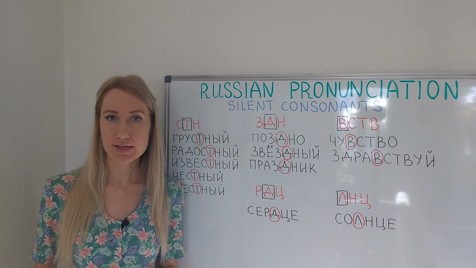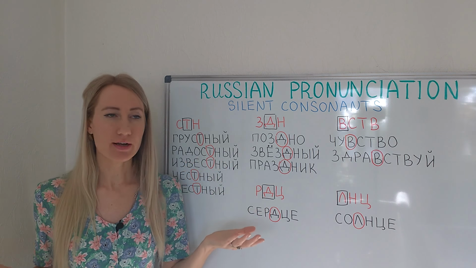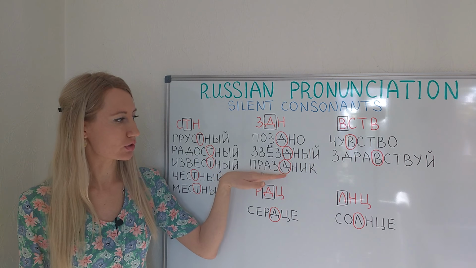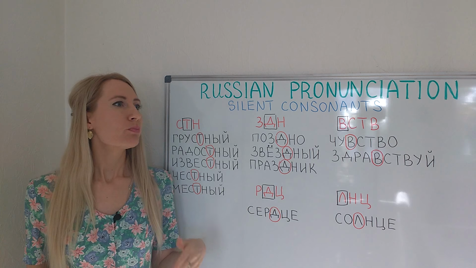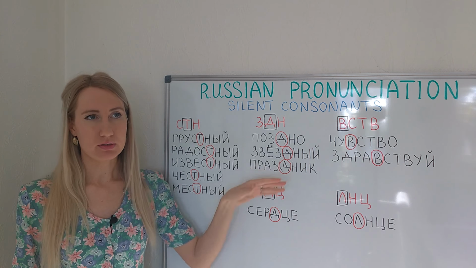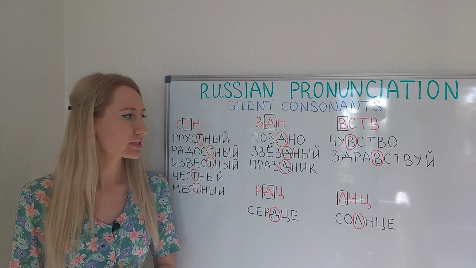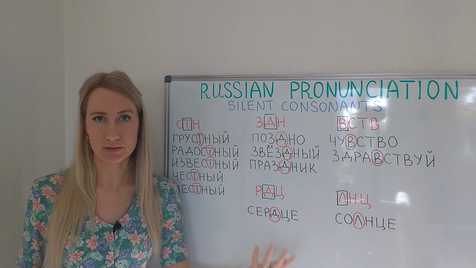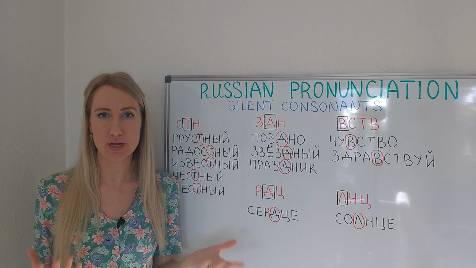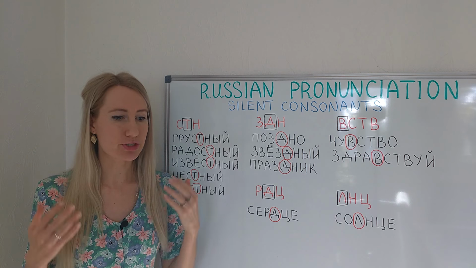But I've got to tell you that some words with silent letters can't be checked, such as the word праздник. We just can't check it. There is an old word, from Old Church Slavonic, and the word is празден. It means a person who doesn't do anything. But in modern Russian, people just don't know this word.